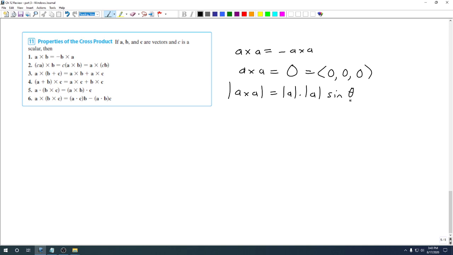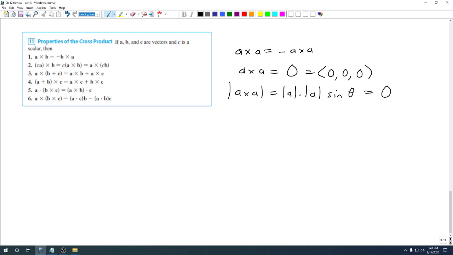Well, the angle between A and A is 0 degrees. They're the same direction. So sine of 0 is 0. So the magnitude of A cross A, regardless of what the magnitude of A was to begin with, has to equal 0 anyways. And the only vector with a magnitude of 0 is the 0 vector. So that's actually pretty important.